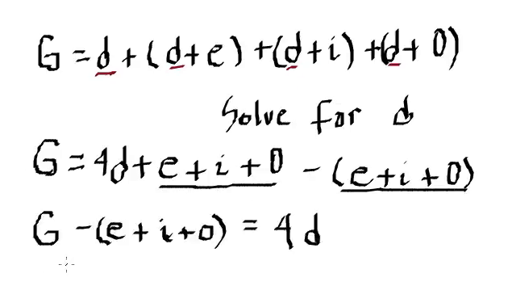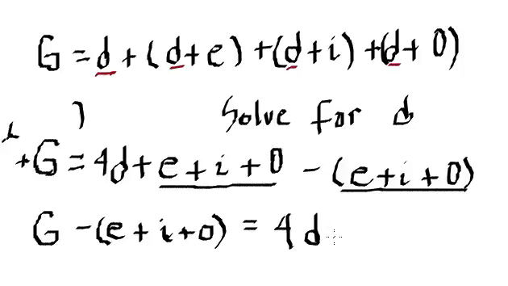Alright, so I went ahead and paused the video and rewrote it. So I subtracted, remember I didn't write it over here, but it should be written over here, the E plus I plus O over here on this side, okay, with a minus sign.